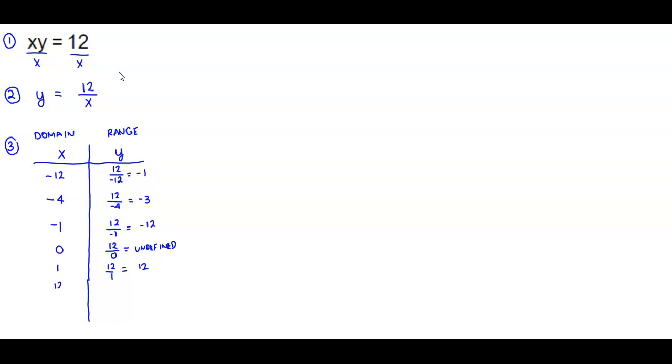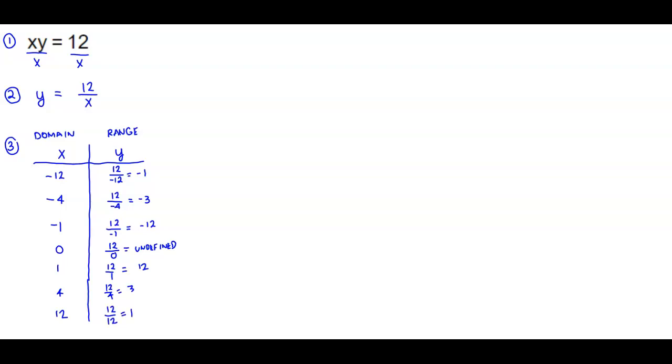If we picked 4 as our value of x, 12 divided by 4 is going to equal +3, and if we pick 12 to be x, then 12 divided by 12 is equal to 1.